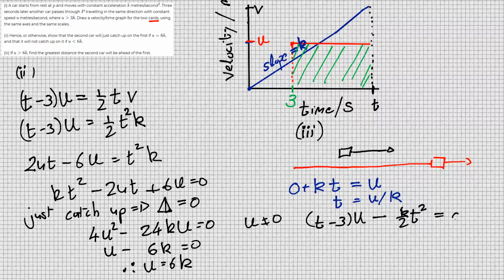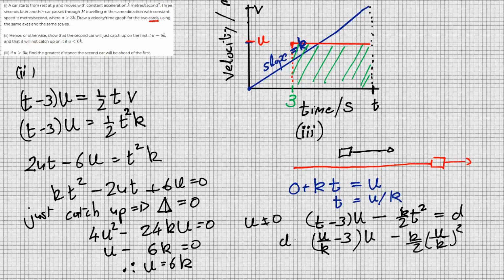And we actually know the value of t, so that would be u over k minus 3 times u, minus k over 2 times u over k squared.